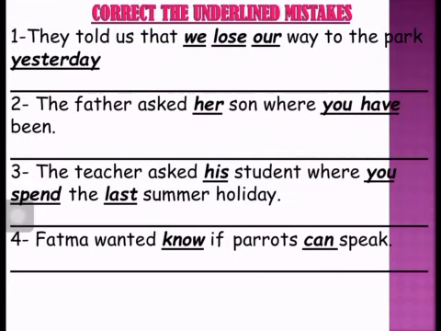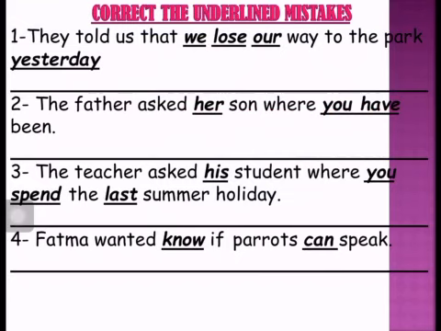Let's try to correct the underlined mistakes here and see if you understood the rule. Number 1, they told us that we lose our way to the park yesterday. So this is a reported statement. So we said we changed the pronouns, we changed the verb tense, and we changed time or place references.